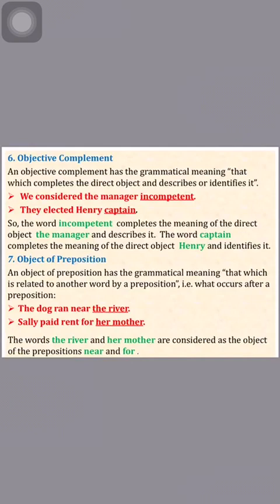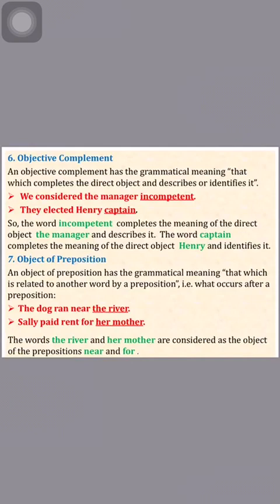That's to say, what occurs after a preposition. The dog ran near the river. Near the river is a prepositional phrase. It starts with near, followed by the noun phrase the river. So near is the preposition, and the river is the object of the preposition.